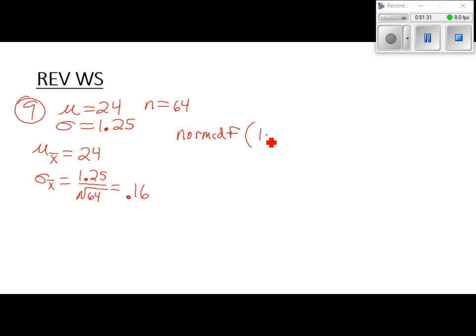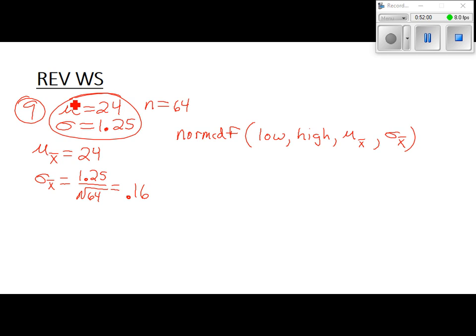The low limit, high limit. This time, instead of just the mean, we want the mean of X, but they're the same thing, and we also want the standard error. You've got to switch them so the 24 is the same, but the sigma's not the same.